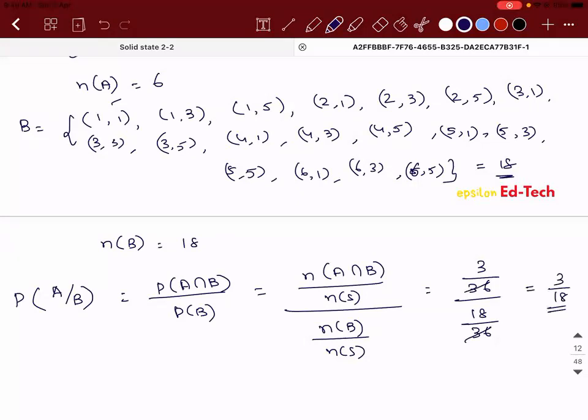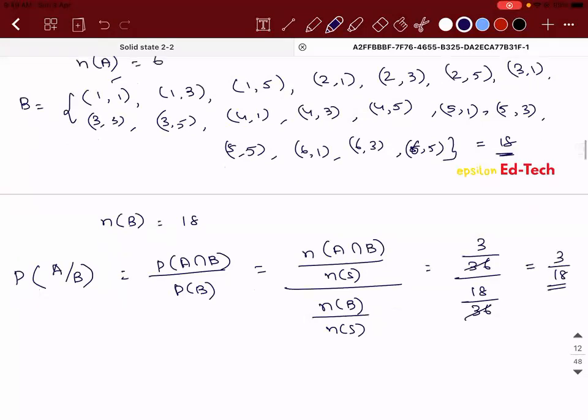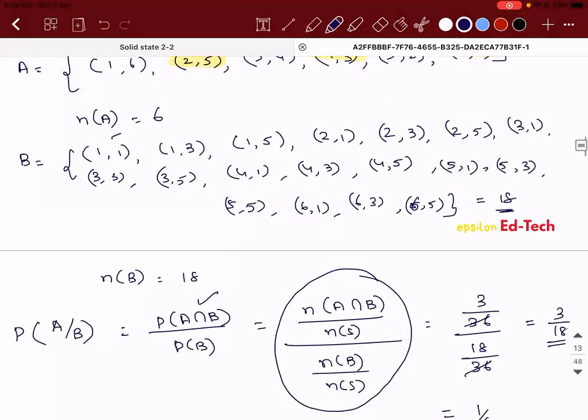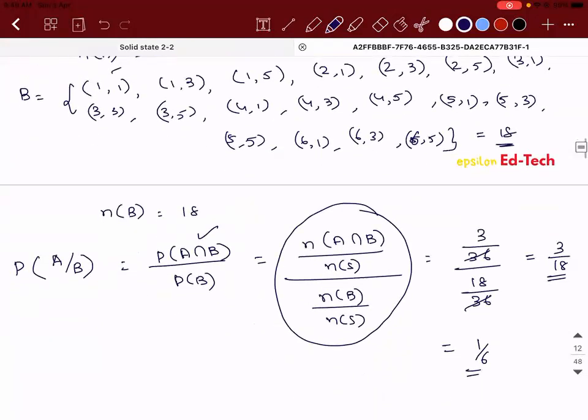Answer will be 3 divided by 18, or it is going to be 1 divided by 6. If at all you don't know this step, what you can do is find the number of elements in the intersection of A and B and then write 3 divided by 18 directly. Because according to conditional probability, the one in the denominator is considered as the sample space. So it is 1 divided by 6.